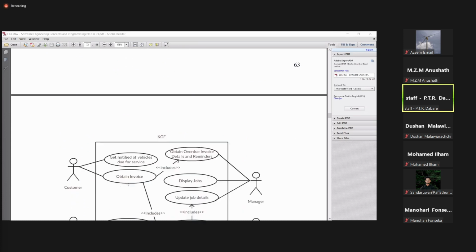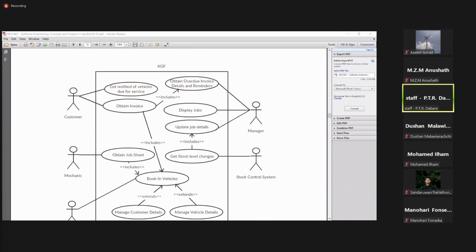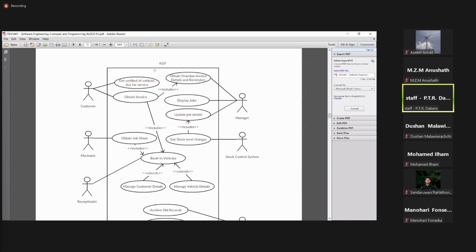Let me explain it from here. So now let's say the customer, this is the Kumudu Garage follow-up system. For the customer to obtain an invoice, obviously there should be a vehicle booked, right?